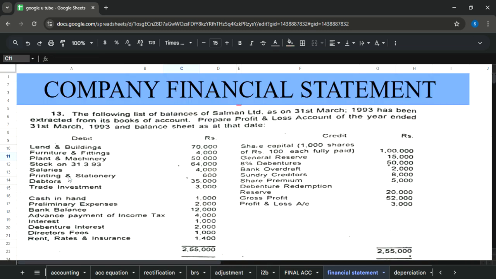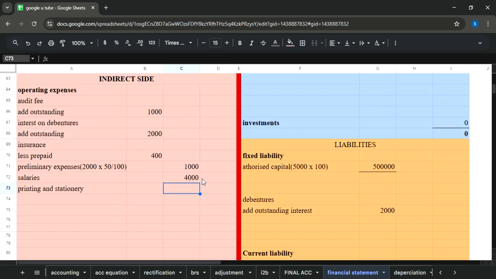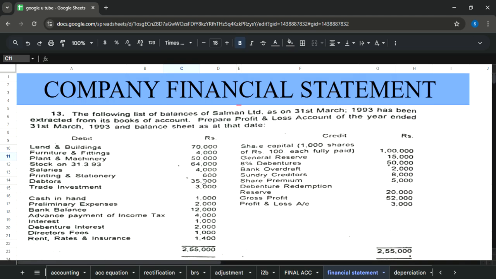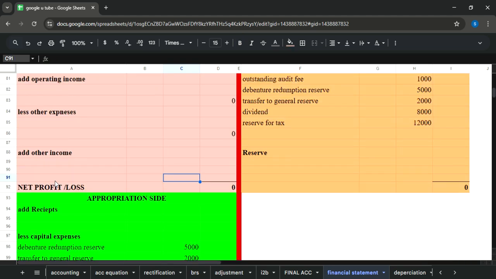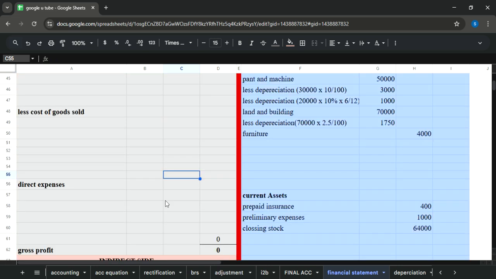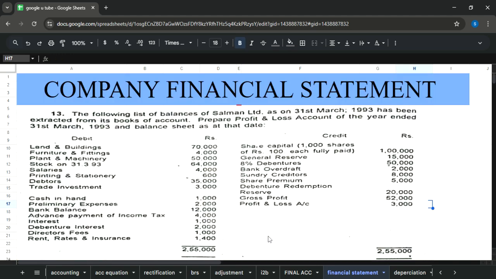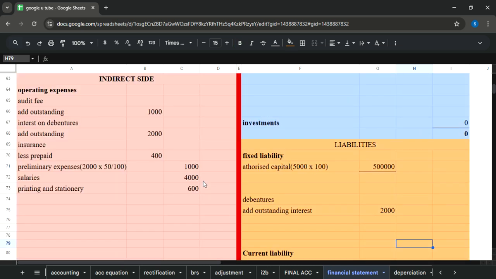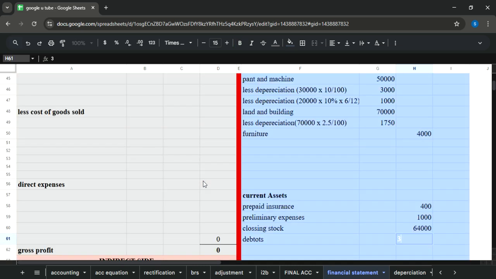I think amount of printing is 600. Write down 600 in operating expense side. Then we have debtors. We'll go to current asset side. Here we will mention debtors, and amount of debtor is 35,000. Write down in current asset side 35,000 debtors.